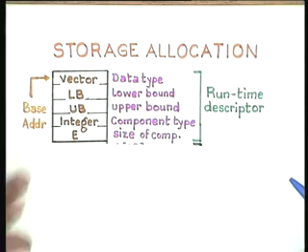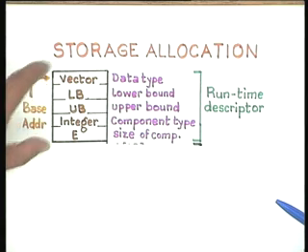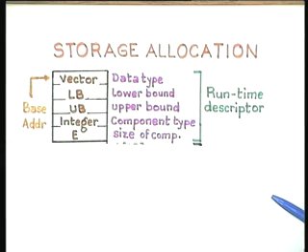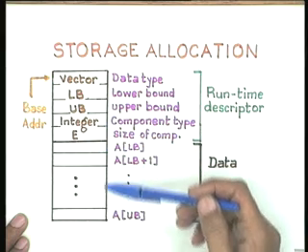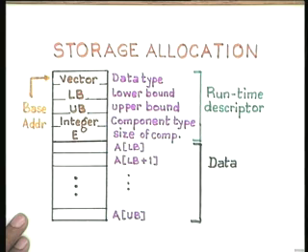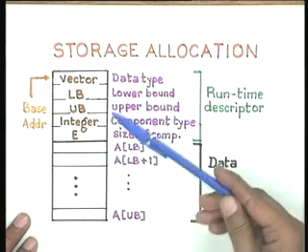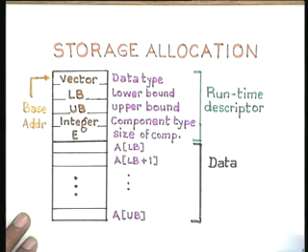Since you have to do runtime checks on expressions which access components of the array, you need to store this descriptor along with the array on the stack as and when you enter a block which declares this array, right. The data of the array is actually stored down here. This is how most languages which involve runtime checks on array bounds perform them, because they keep a descriptor.